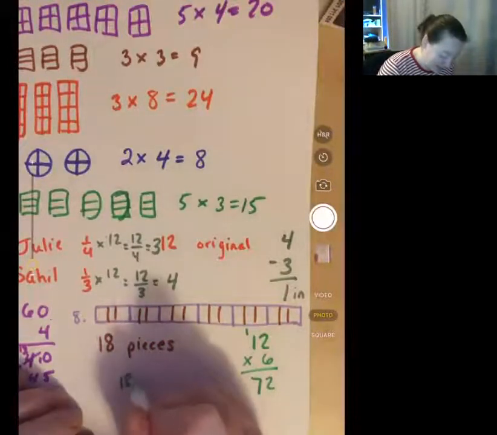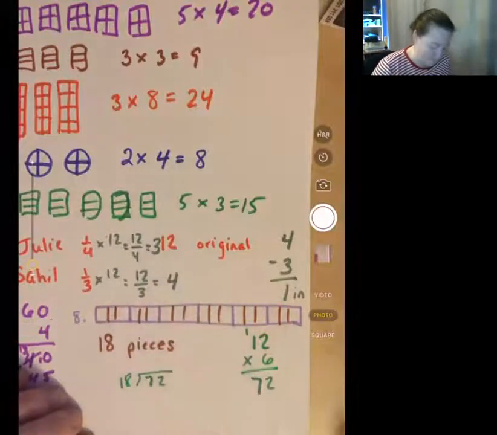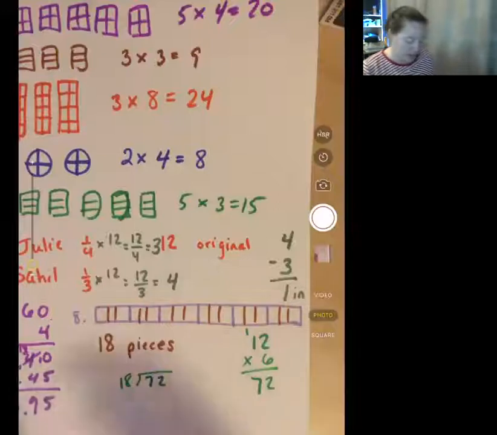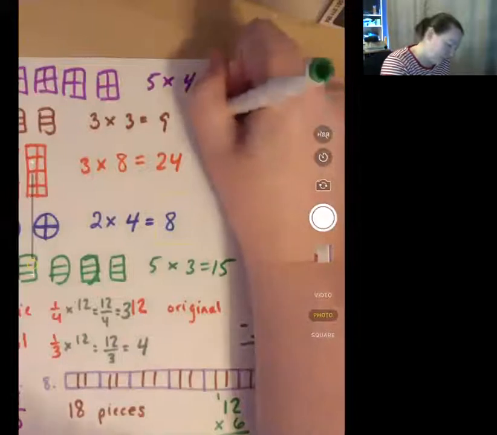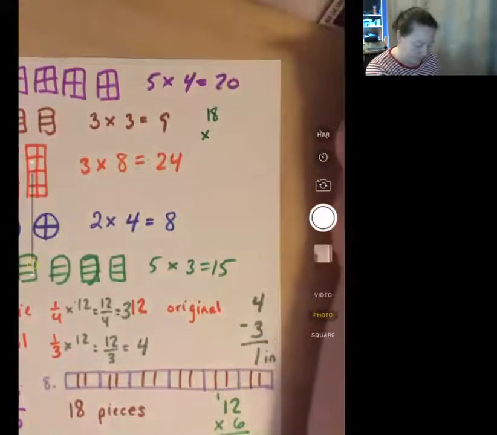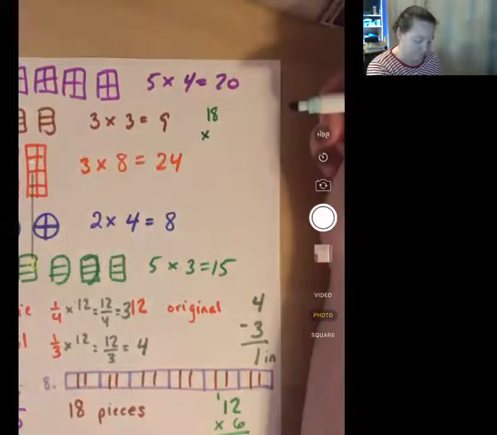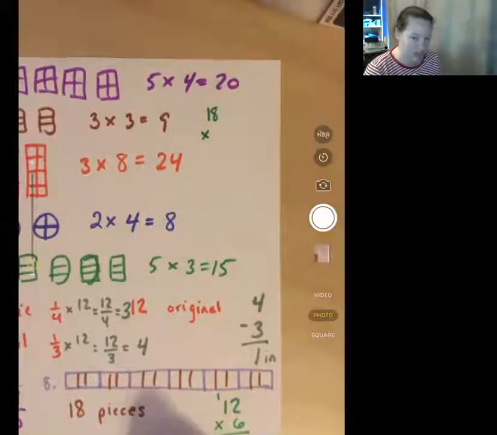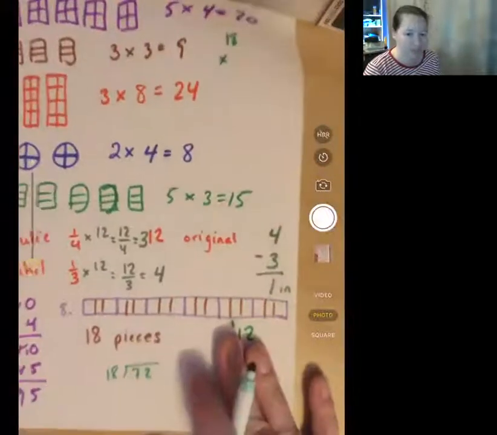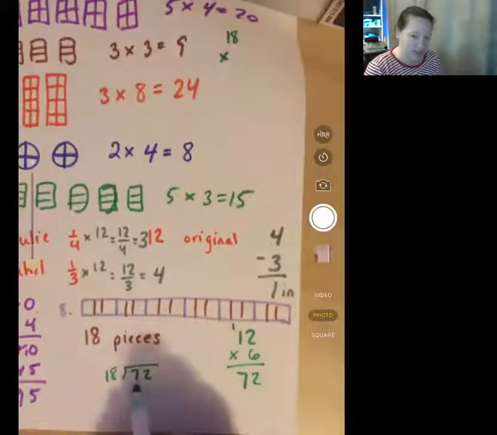So 18 into 72. I'm not sure about that one right off the top of my head, so I'm going to work over here a little bit. 18 times, let's try, okay, so that's about 20. 20 goes into 7, that's close to 6. Sorry, I'm thinking. If 20 goes into 7, it's close to 6, so it goes in 3 times.